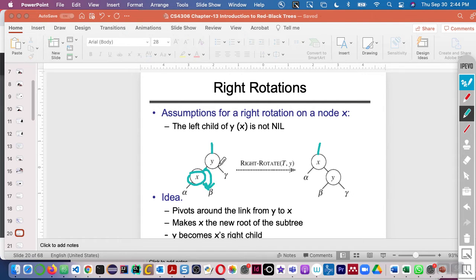Because y already has right child beta, it will maintain that, and then x will be pointing there. x has left side alpha, which stays as is, and when these two merge, this beta will be left child of y.